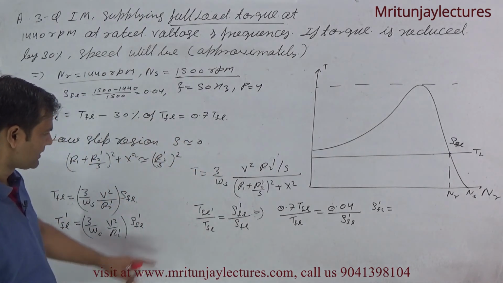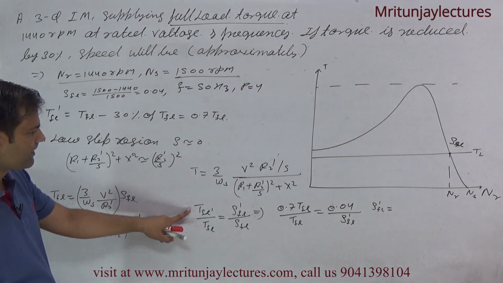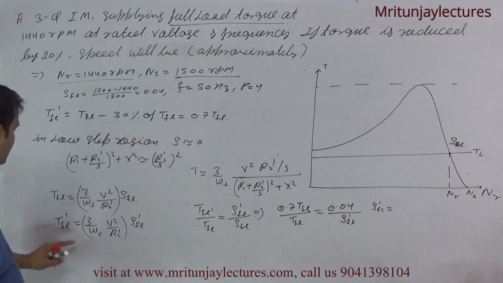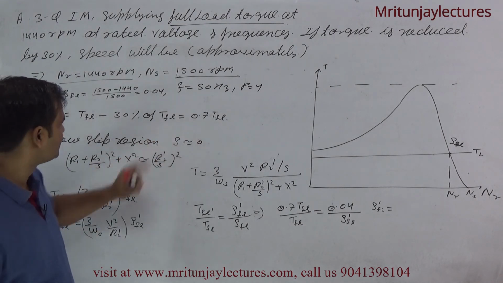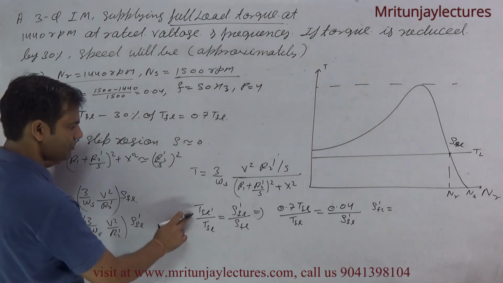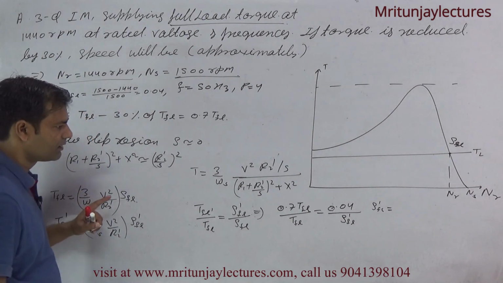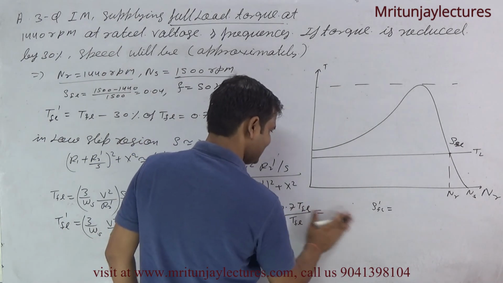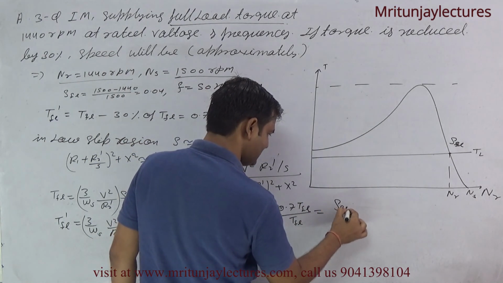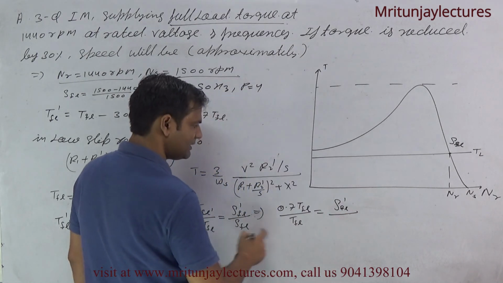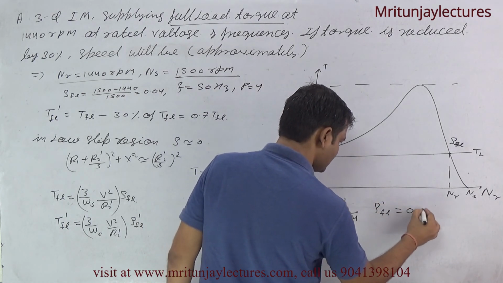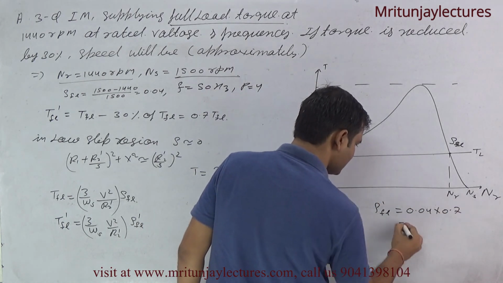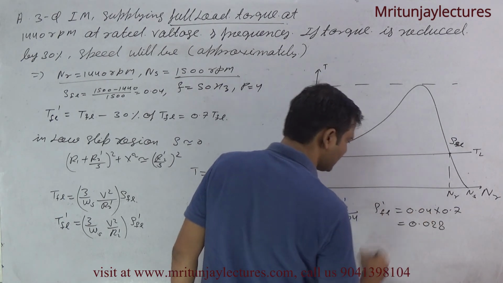So SFL dash is equal to 0.04 into 0.7, as given, that is 0.028.